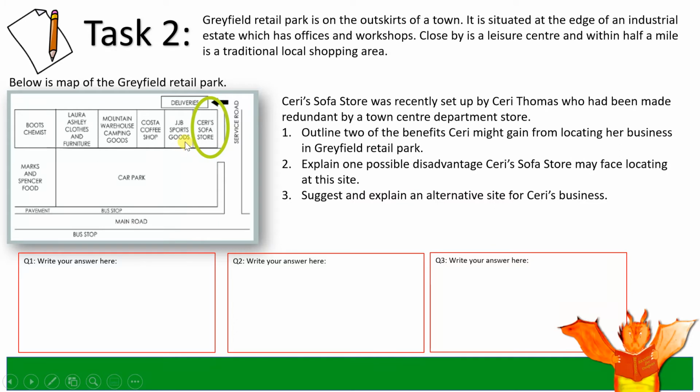So look at what else is around there, look at what else in terms of footfall might offer Kerry, and look at what customers might want when they go to that particular retail park. Number 3, suggest and explain an alternative site for Kerry's business. So this is where you come up with your alternative and you justify your decision in box 3.